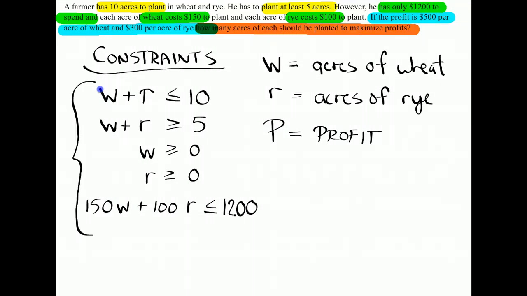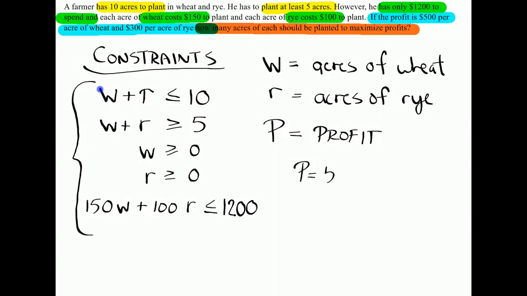And the only other thing we need to write is the objective function, which is basically what we're trying to figure out here: what combination should we do to get this farmer the most profit. And so profit is going to be represented by, let's think about what it says above, $500 per acre of wheat.